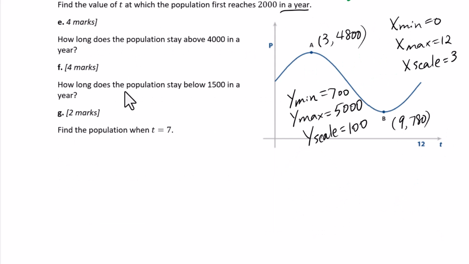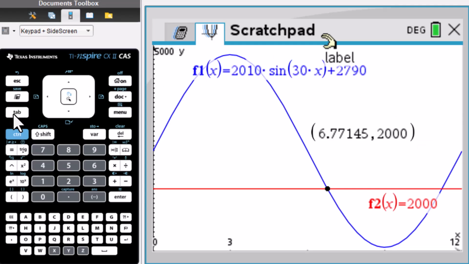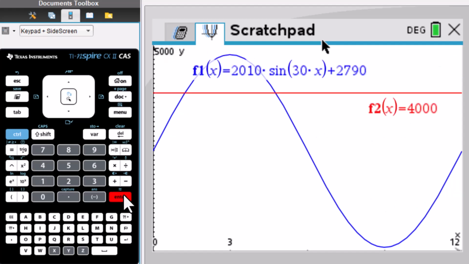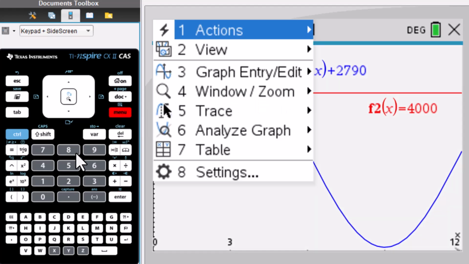Go to E. How long does the population stay above 4,000 in a year? We will set up P of t greater than 4,000. Click on tab, upper arrow. Change 2000 into 4000. Enter. The part of the graph above y equals 4,000 will be the solution.